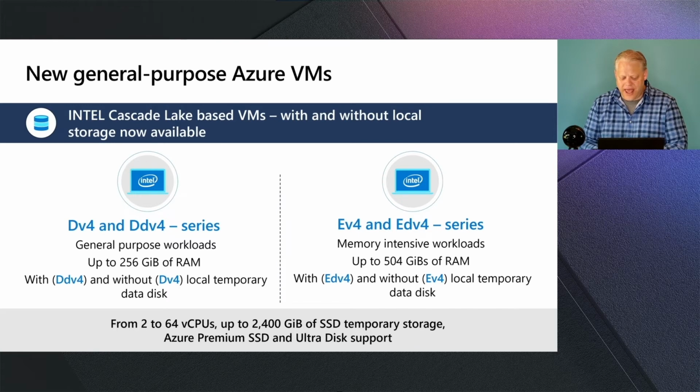And so if you look at the D series, our Dv4 versus our Ddv4, in this case, the Ddv4 contains local temporary disk that is very high performance, where the Dv4, without the extra small case d here, does not include the local disk and will be available at a lower price point. And the same thing goes for the E and the Edv4 series, one with a local disk and one without. Again, allows you to customize the machine that you use based on the needs of that application.